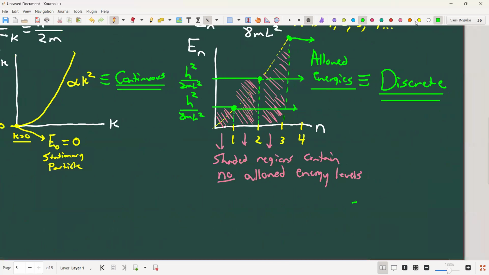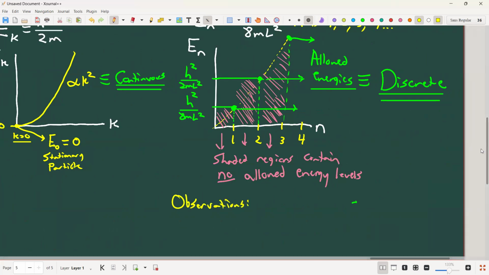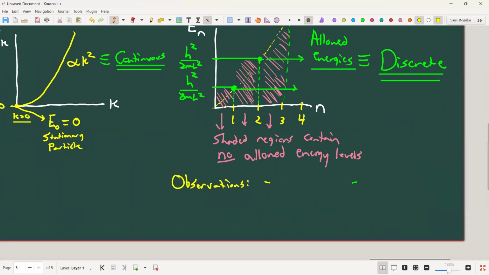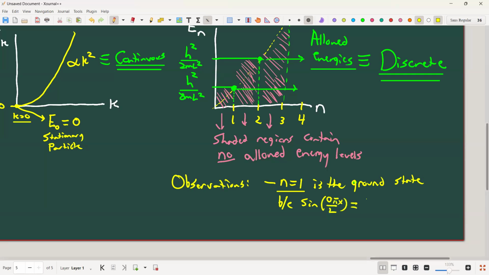So the important observations here: n equals 1 is the ground state. It's the lowest possible energy. It's the ground state because sine of 0 pi x over L is 0, which is no particle.